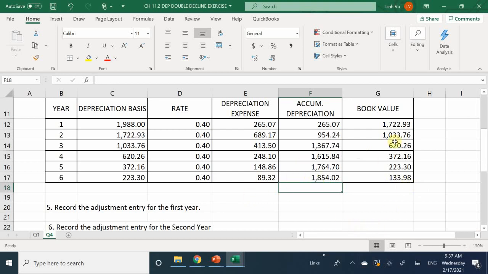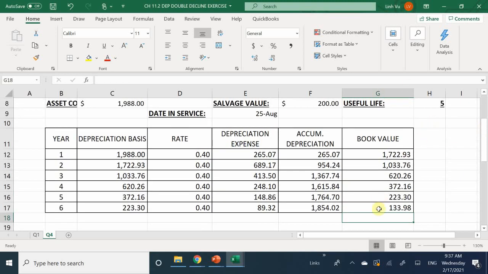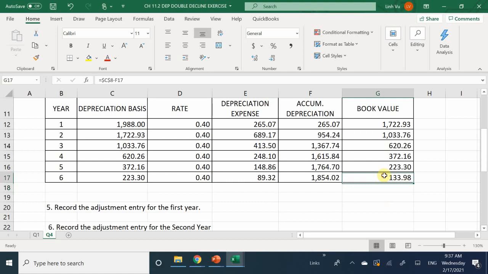Okay, bringing my book value to be 133.98. Good. Now, can my book value be 133.98? No. So therefore, what does it have to reflect? A $200 salvage value. Yes, it needs to reflect $200.